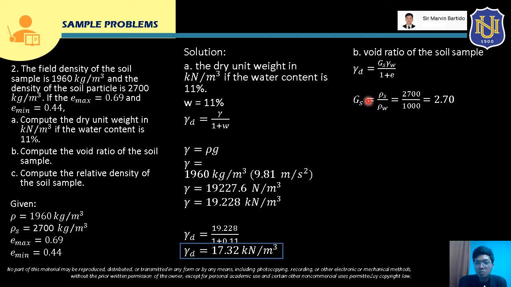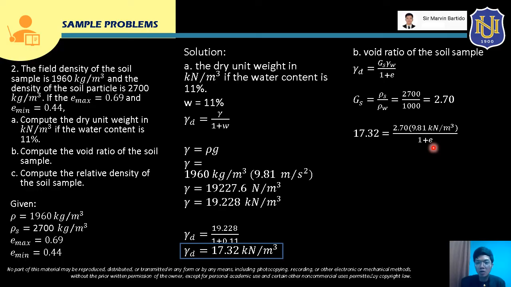So class, yung specific gravity ng soil solid natin ay 2.70. So yun yung gagamitin natin. Okay, so yung gamma dry natin is 17.32, G sub S 2.70, gamma water 9.81 kilonewton per meter cube. And then yung e natin, class, yan yung hinahanap. Okay, so solving for e here. Solve natin, so you can input that in your calculator.